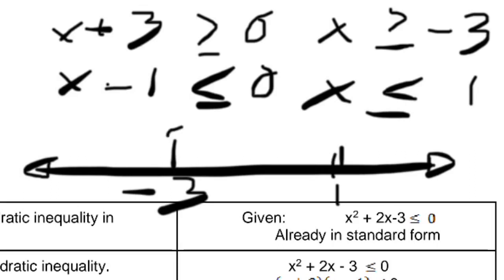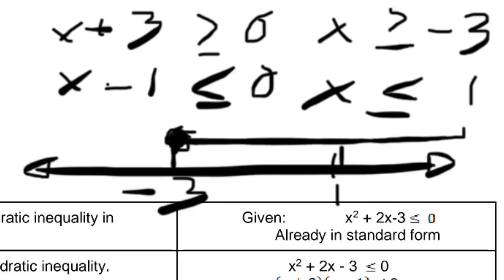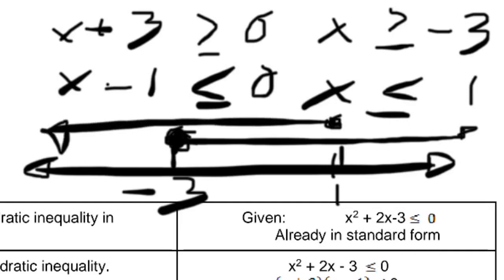So from negative 3, this is now shaded because negative 3 is part of this one. Okay. Then x is lesser than or equal to 1. So from 1 to negative infinity. So looking at this graph, we can say that this part here from negative 3 to 1 hits the graph twice, meaning this will be our solution. That is why the solution here is x, such that x is greater than or equal to negative 3 but lesser than or equal to 1.